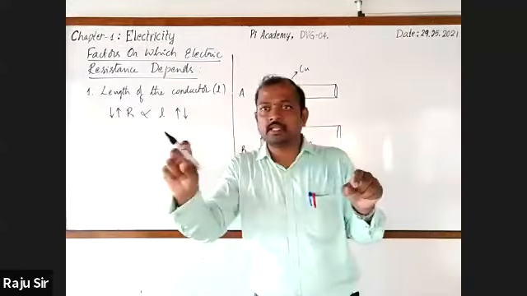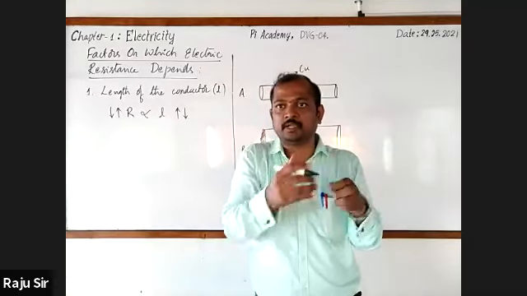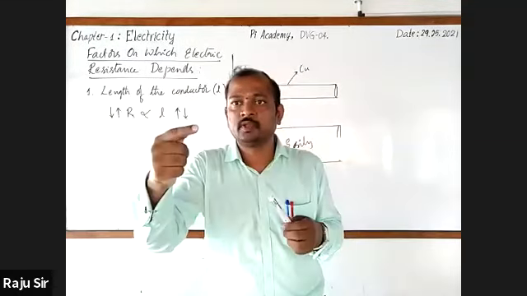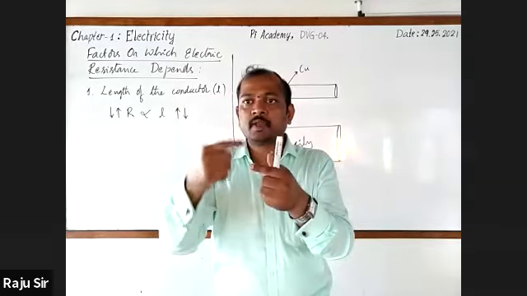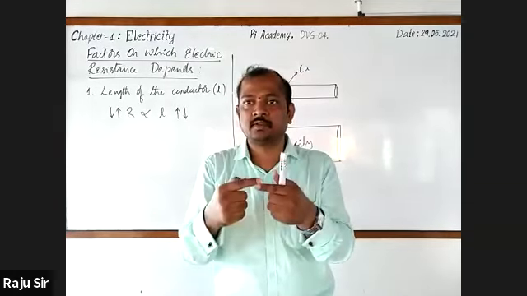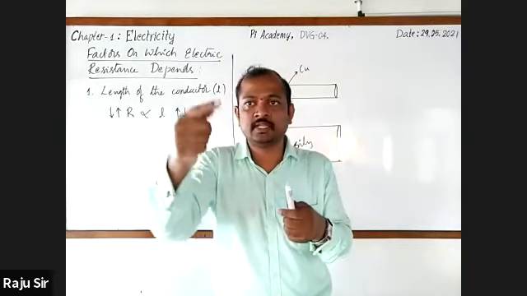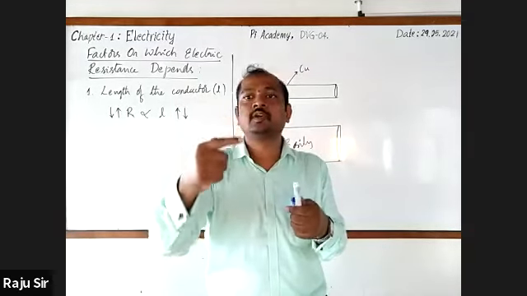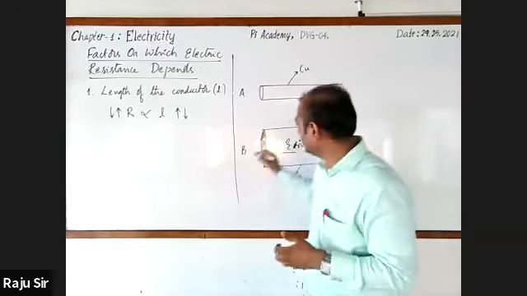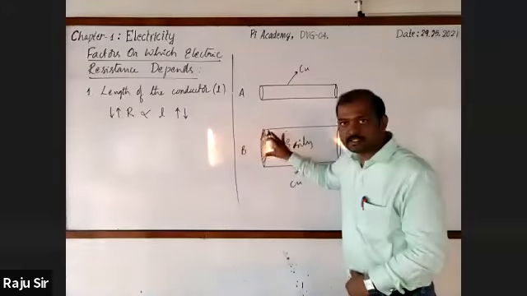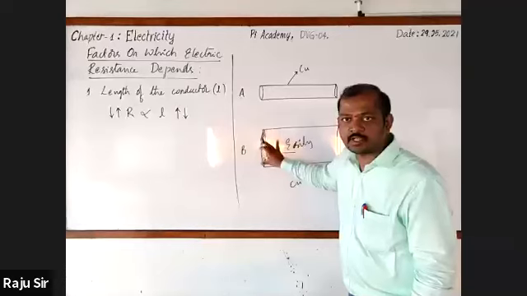Suppose you take a carrot and chop it. You'll get a number of circular shaped pieces. What do you call these circular shaped pieces? It is the area of cross section. So here also, thickness is nothing but the area of cross section of the conductor.